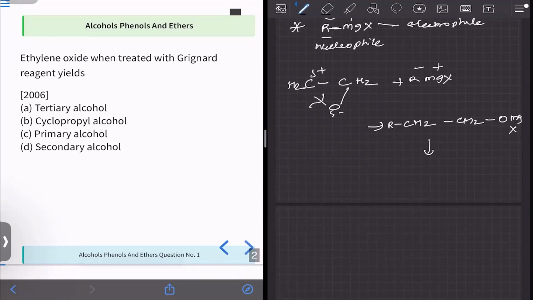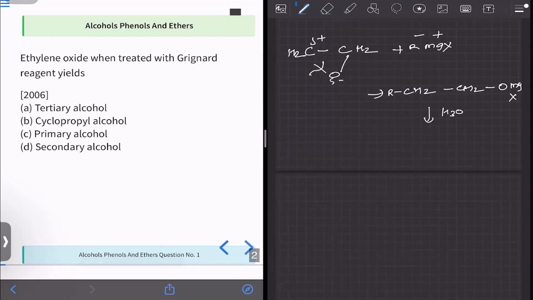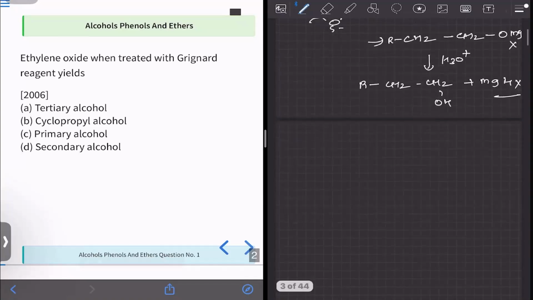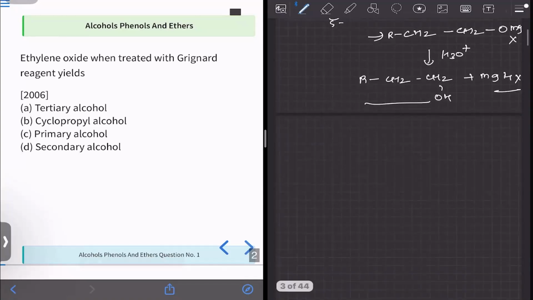When this product undergoes hydrolysis, it produces R CH2 CH2 OH plus Mg(OH)X. It produces this one. Now how can we say whether it is a primary, secondary or tertiary alcohol?